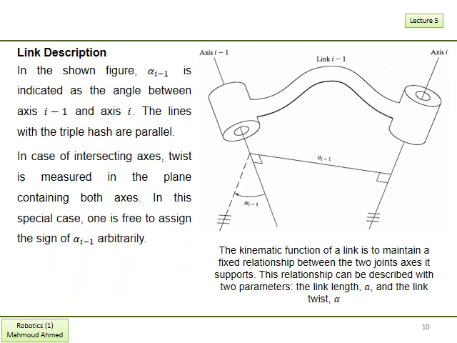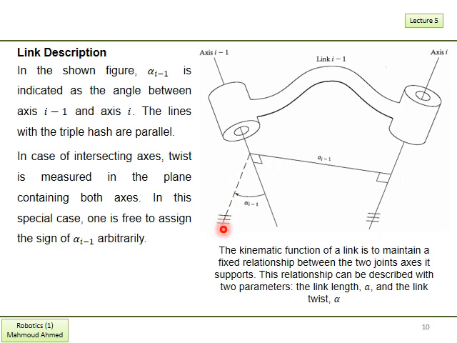So in this description we have alpha i minus 1, which is the angle between axis i minus 1 and axis i. The lines with the triple hash are parallel, which is this line and this line.